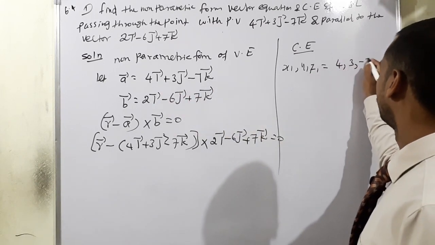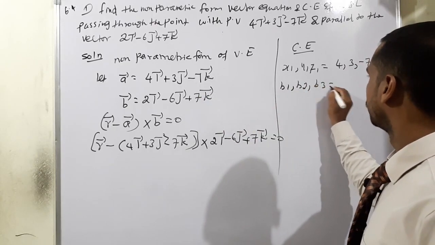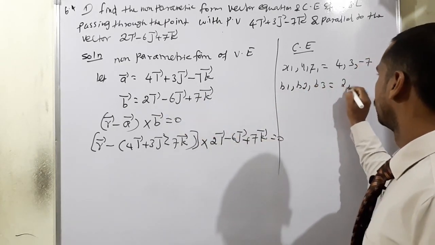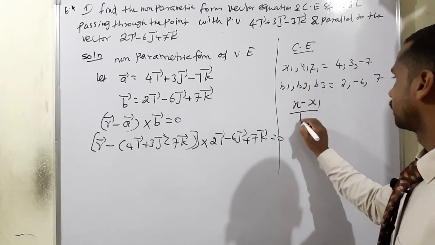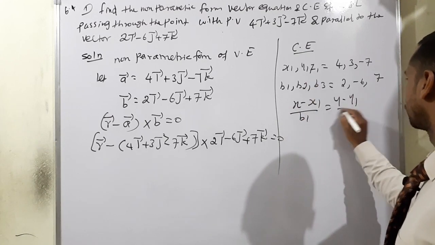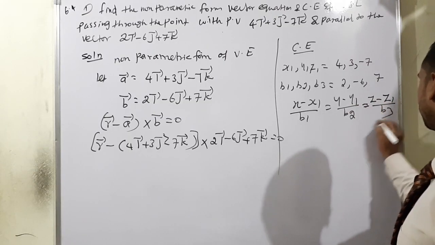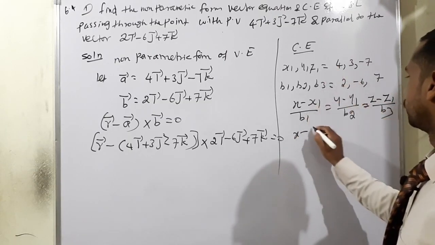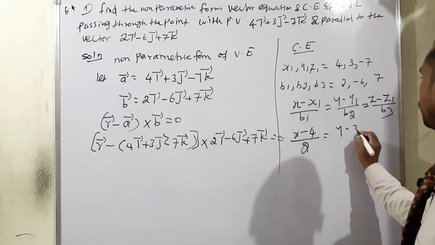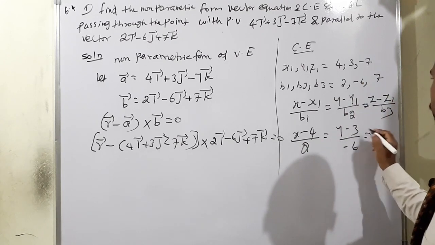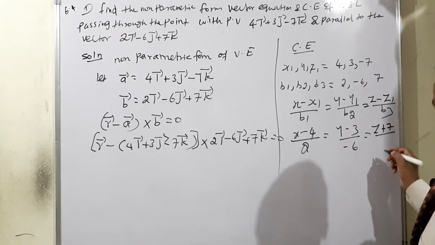Then B vector: b1, b2, b3 is equal to 2, minus 6, positive 7. Therefore x1 is 4, so (x minus 4) over 2 is equal to (y minus 3) over negative 6 is equal to (z minus, already a minus is there, therefore we write) z plus 7 over 7.